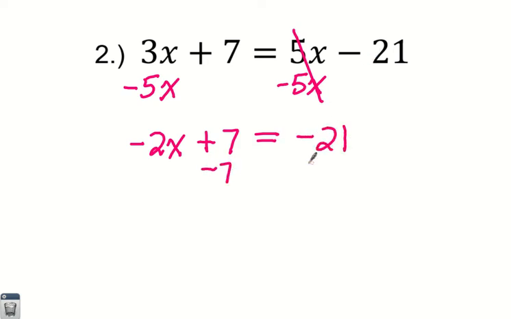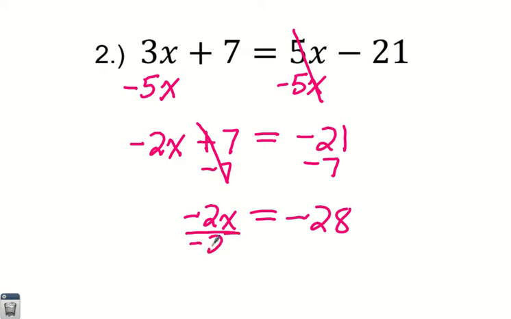And then I would subtract 7 from both sides. And then we still have a negative 2x over here. And negative 21 minus 7 is negative 28. And so then I just have to divide both sides by negative 2. But I'm okay with that. And x becomes, what is this, positive 14.